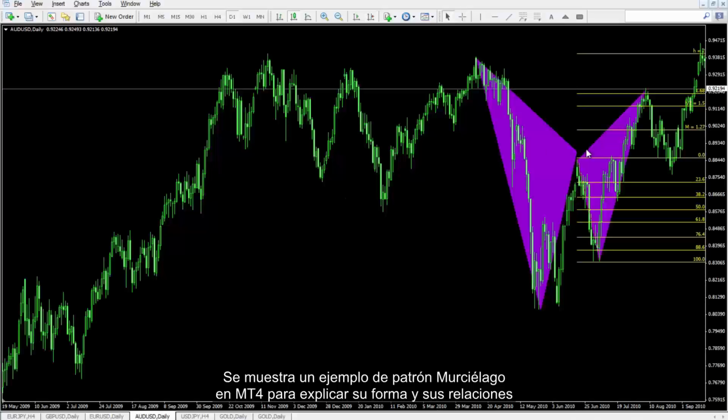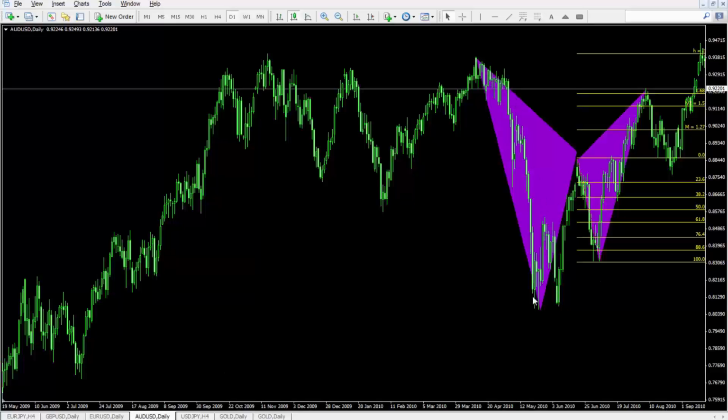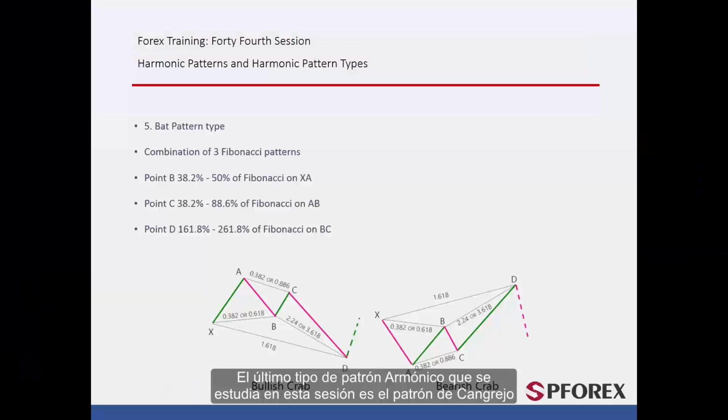A bat pattern example on MetaTrader 4 is shown to clarify its shape and relations. 2 connecting waves have formed a valid bat pattern. The last type of harmonic pattern studied in this session is the crab pattern.